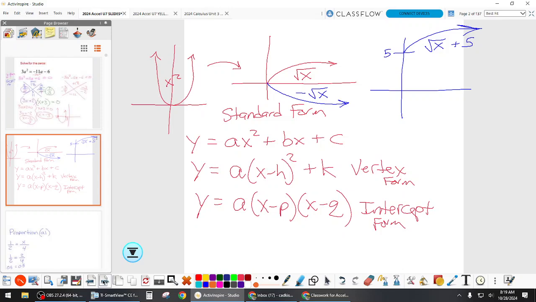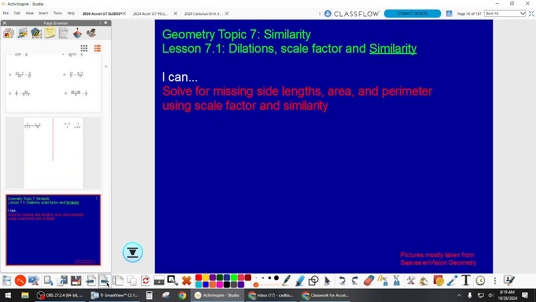So let me put the slide up here just real quick. This topic is in the book. It's Unit 7, and it's called similarity. So kind of a broad word there. But in math, we have a specific definition of what similar means, and the impact of that allows us to do some interesting solving.